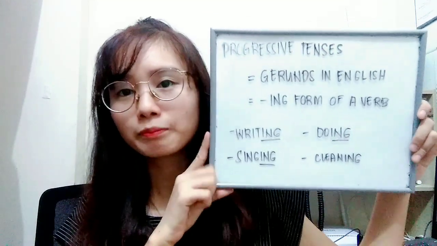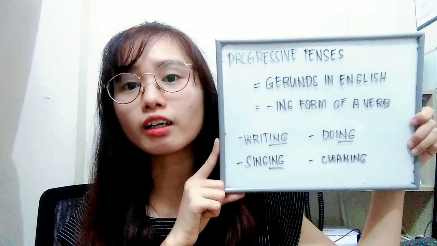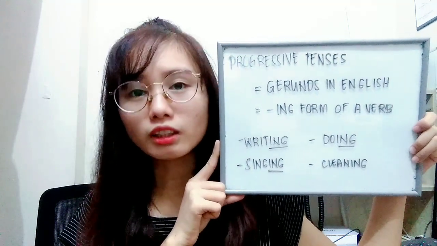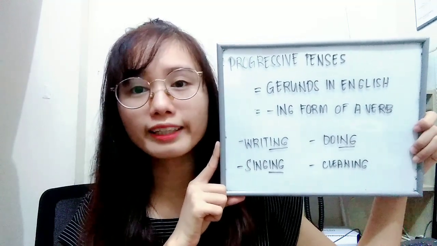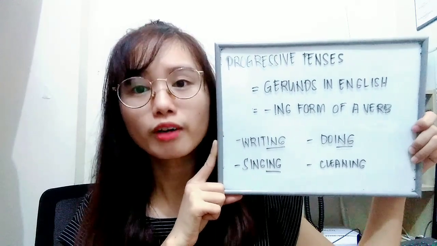Let's start! So first, let us discover what is a progressive tense using yung language na familiar tayo, and that is English. So in English, progressive tenses, they are the gerunds in English, or when we say gerunds, the ing form of a verb.